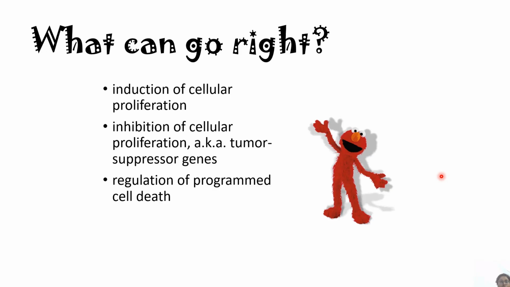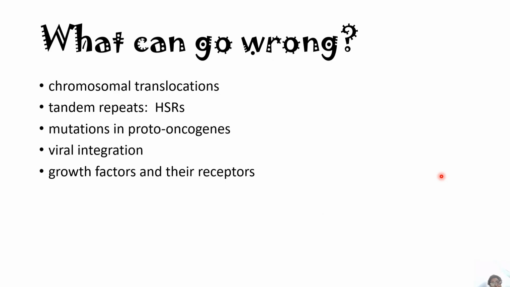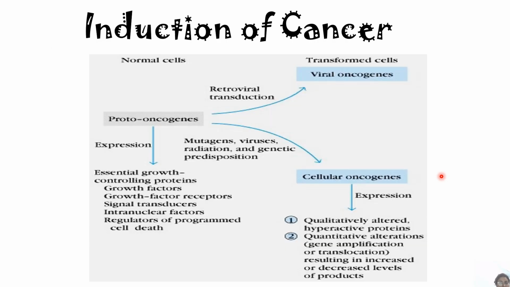Okay. So what can go right? Induction of cellular proliferation, inhibition of cellular proliferation, tumor suppressor genes, and regulation of programmed cell death. And what can go wrong? Chromosomal translocations, tandem repeats, mutations in proto-oncogenes, viral integration, growth factors and their receptors, all of this.